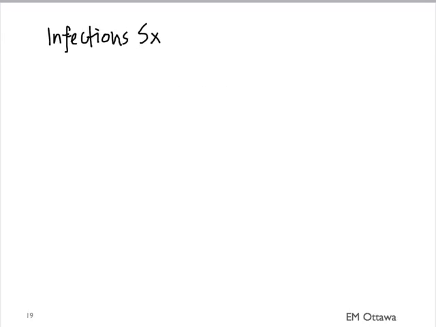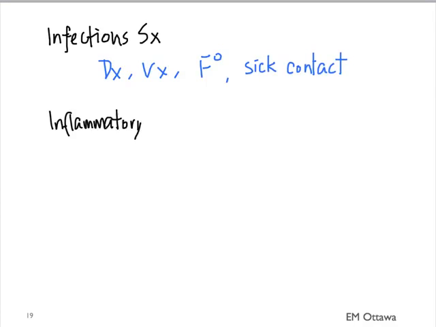Next part of history is associated symptoms. Infectious conditions can have symptoms such as vomiting, diarrhea, and fever. They may also have a sick contact history. Inflammatory conditions can be associated with fever. The patient might also give a previous diagnosis of inflammatory diseases.